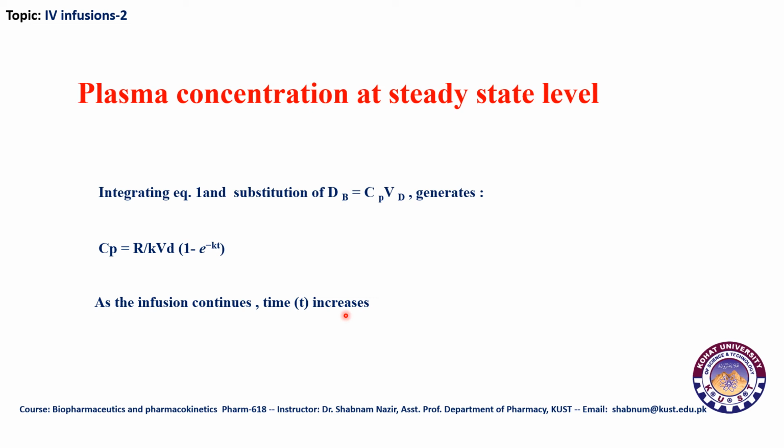Mathematically, when we are dealing with various values, in order to make the derivation easy, values which are too large, or which come after a sufficiently large time, are considered infinite. So here we are discussing that as the infusion continues, time t increases.